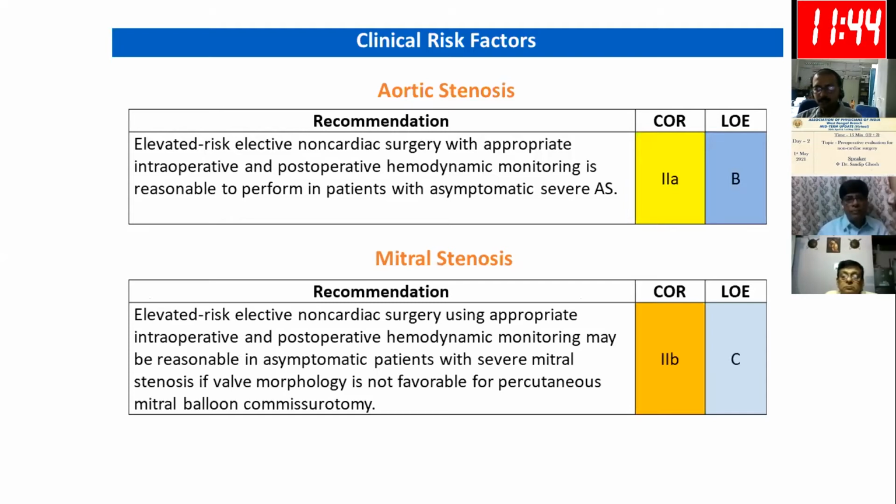We all note that patients with stenotic lesions like aortic stenosis or mitral stenosis have an elevated cardiac risk, and these patients should undergo strict hemodynamic perioperative monitoring. For example, mitral stenosis patients should be maintained in a euvolemic state. The heart rate should not increase, the blood pressure should be maintained in a narrow range, and these patients should not be volume loaded.